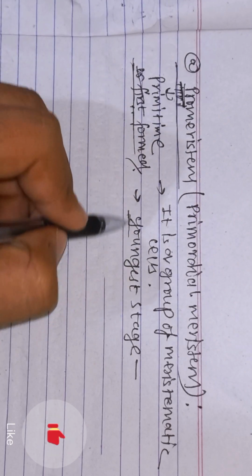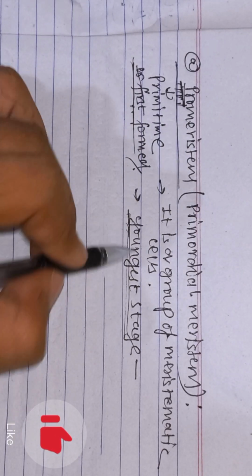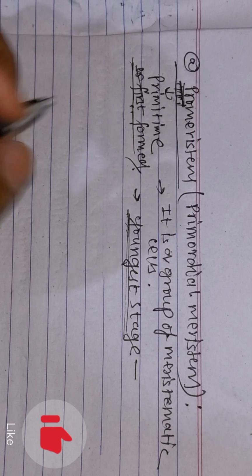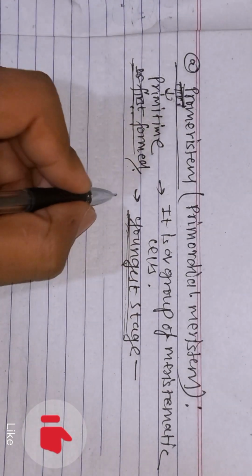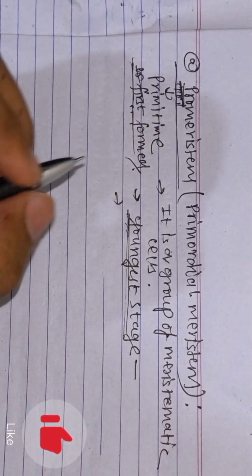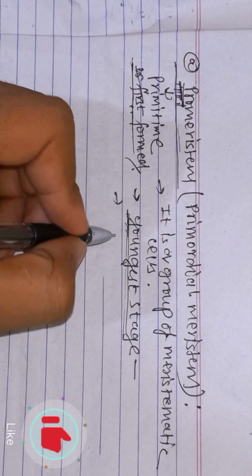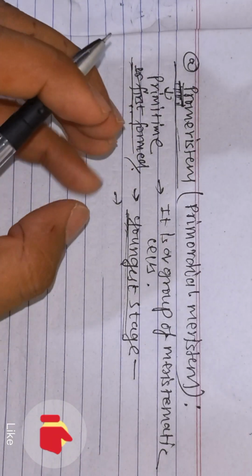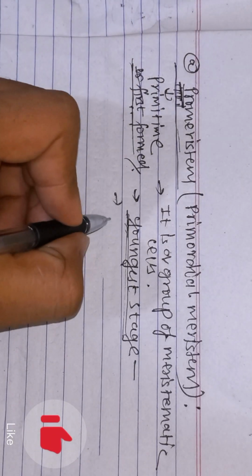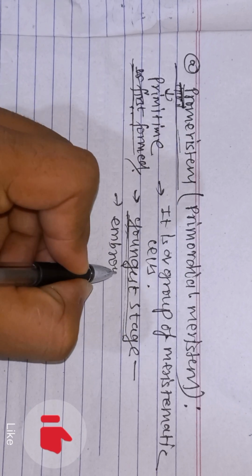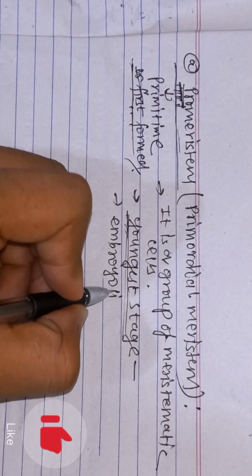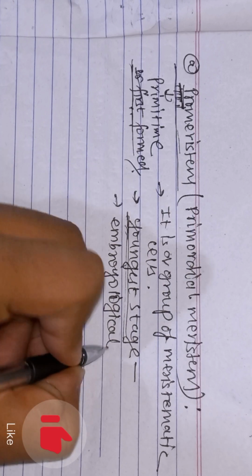So these are the youngest cells, a group of youngest meristematic cells. This type of meristem originates from the embryo and is called embryonic meristem. Since this promeristem originates or develops from the embryo, we call it embryological meristem.